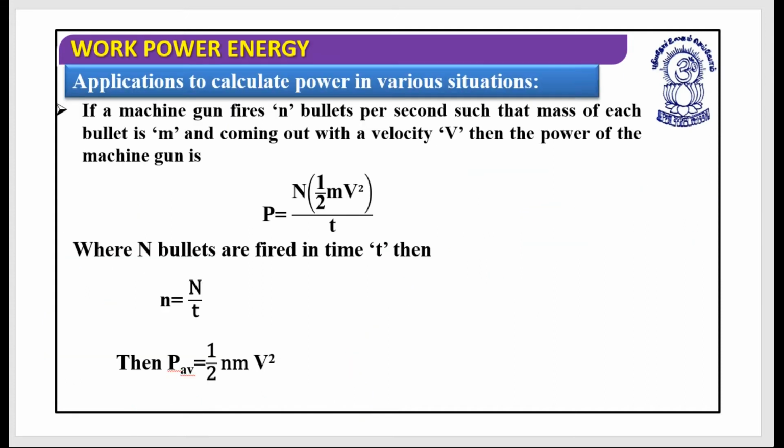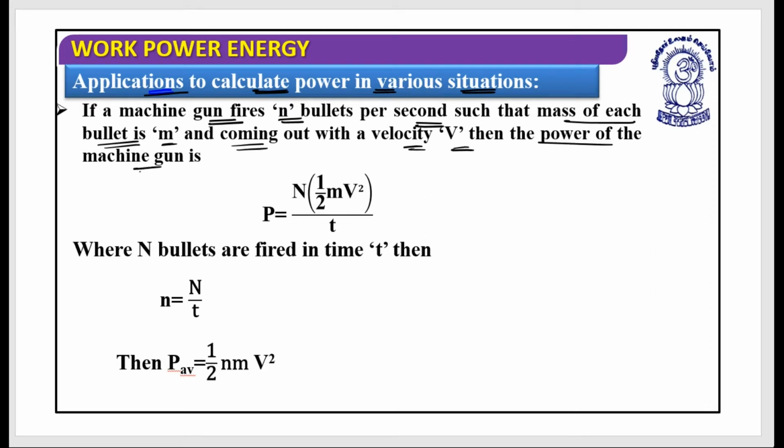So let's understand the practical applications, to calculate the power in various situations. We are going to see certain situations and utilize their formulas to get it done. Suppose the first situation: a machine gun fires n bullets per second, the mass of each bullet is m, and each bullet comes out with a velocity v.